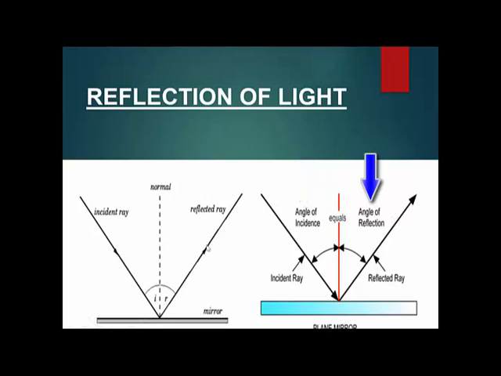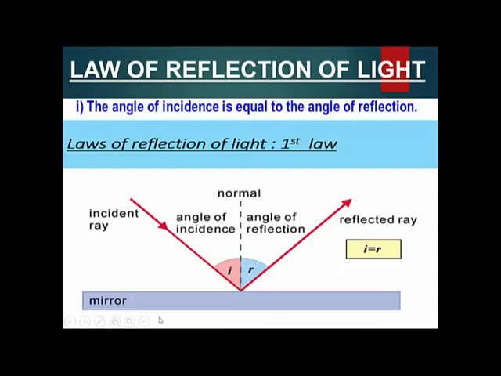And this point where all the three lines, incident, normal and reflected ray, are meeting, is the point of contact. So what is the first law? Angle of incidence is always equal to angle of reflection. So that is the first law. I will be equal to R.